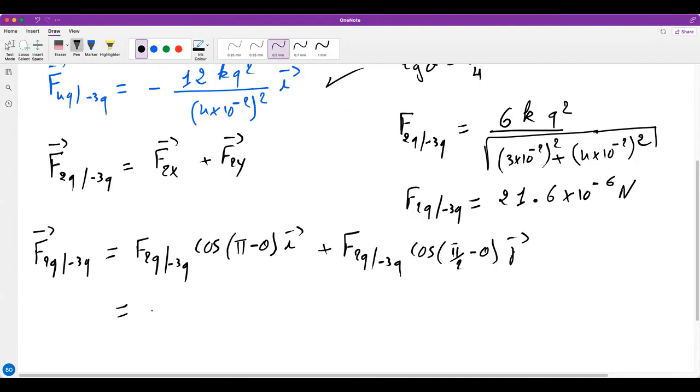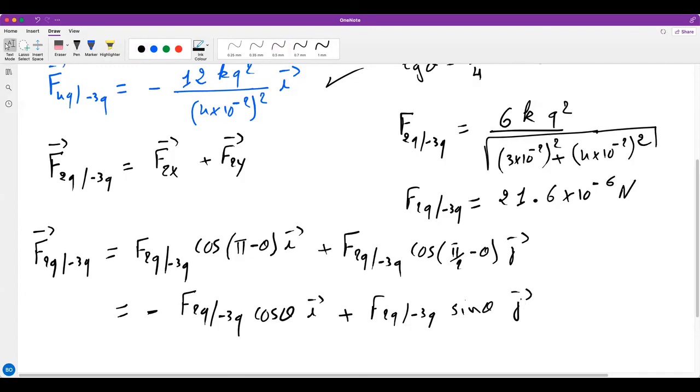This will give us minus F2q on minus 3q cosine theta i plus F2q on minus 3q sine theta j.